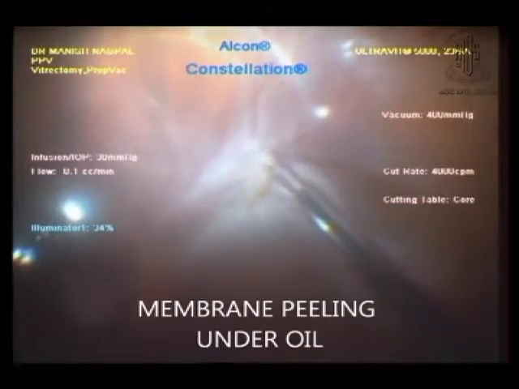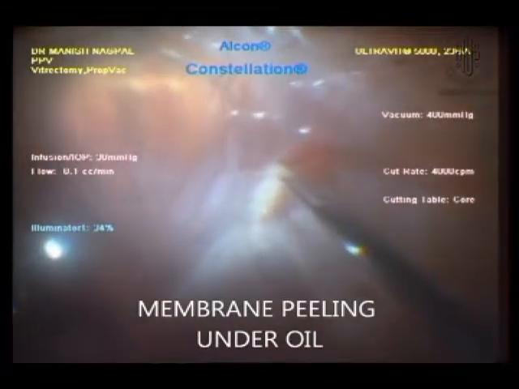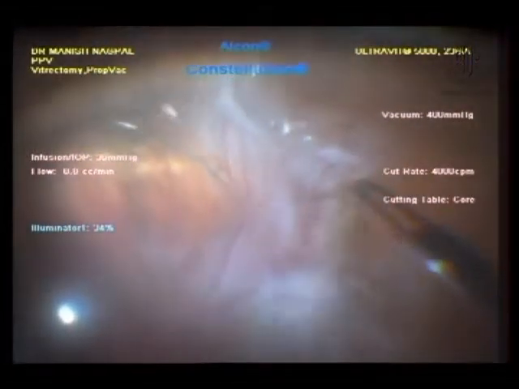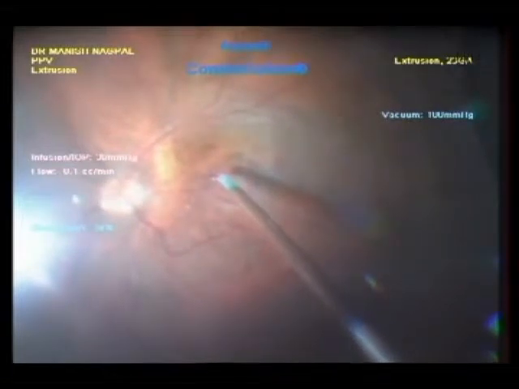Epiretinal membranes are peeled meticulously. PFCL is then aspirated using a soft tip cannula. Following that, subretinal fluid is drained.